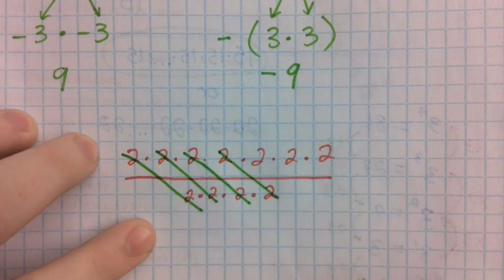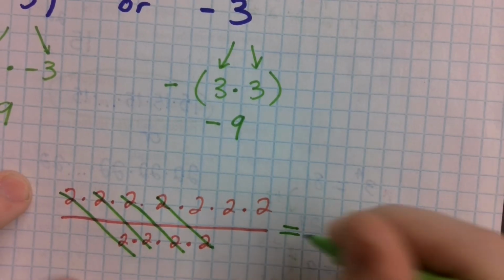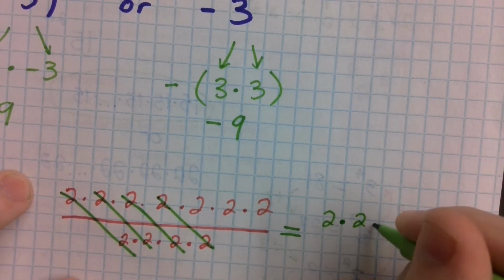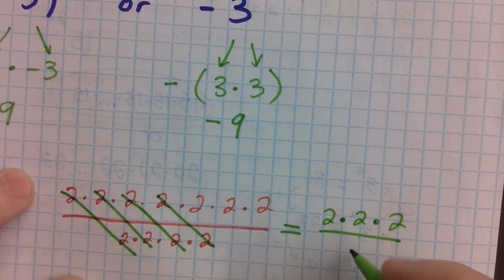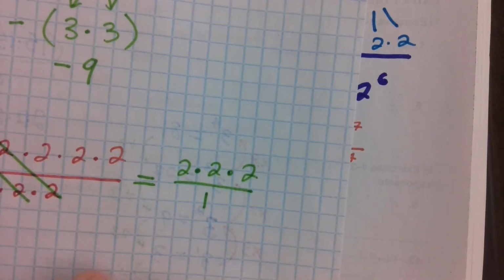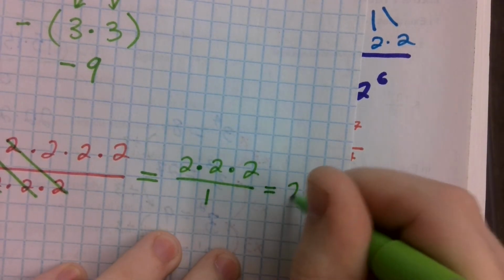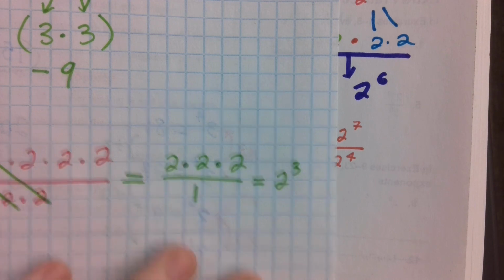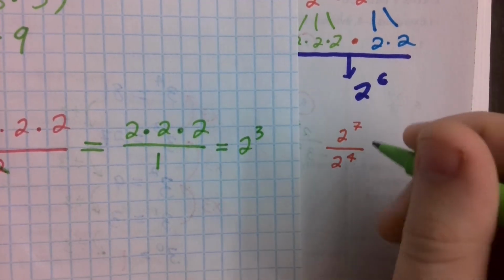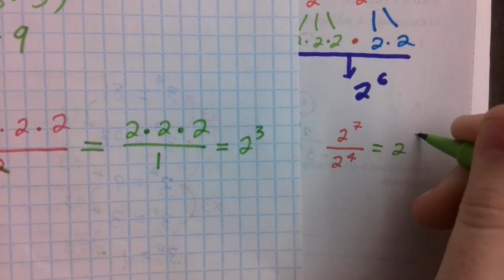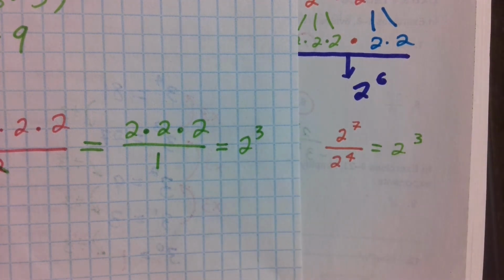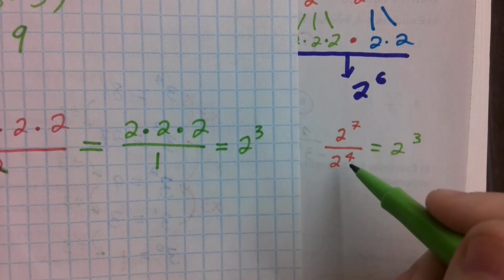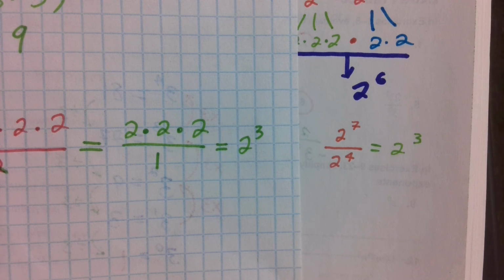What we end up with is 2 times 2 times 2 in the numerator, and since there's nothing left in the denominator, it's over 1. This is just the same as 2 cubed. 2 to the 7th divided by 2 to the 4th is 2 cubed. What did we do with the exponents to get here, though? Well, we subtracted them, because 7 minus 4 gives us 3.